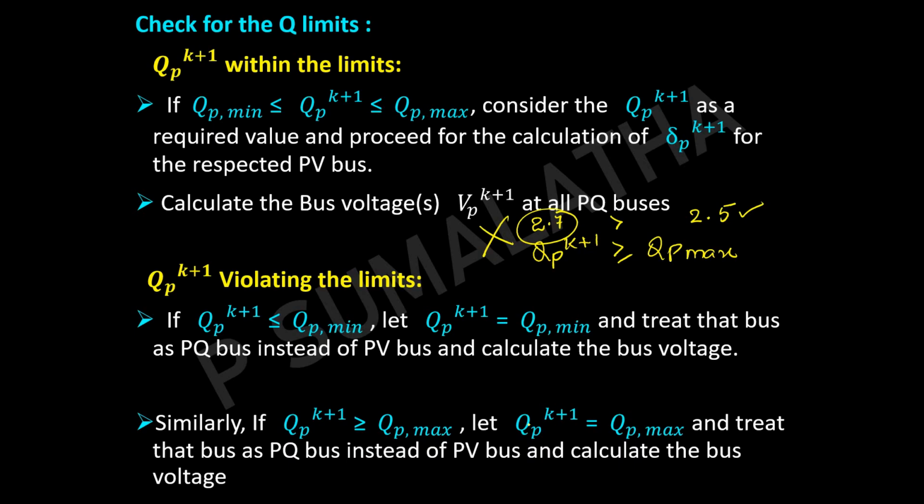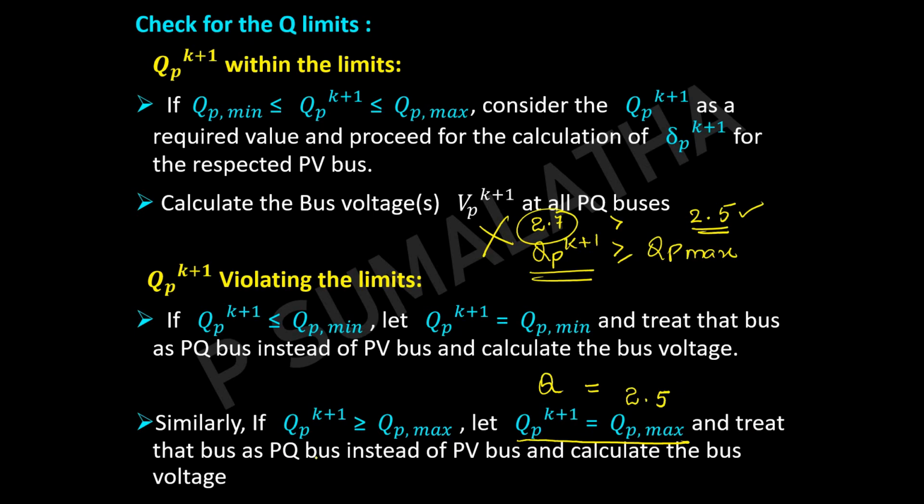So now what can I do? Now I will equate that value to the maximum value. That is the only possibility for me. So I will equate that QP k plus 1 to the QP maximum, which is 2.5. Whenever you are equating that Q value to some value, it will not be considered a PV bus.